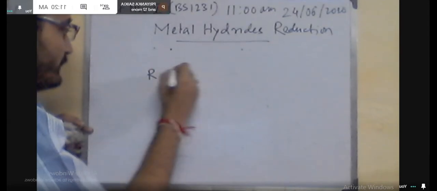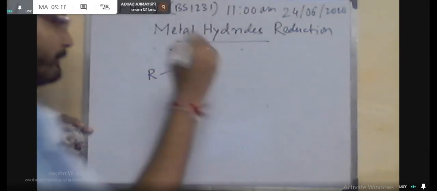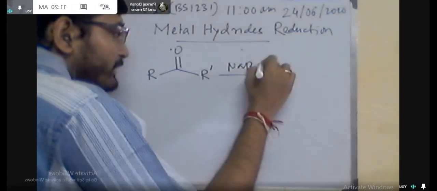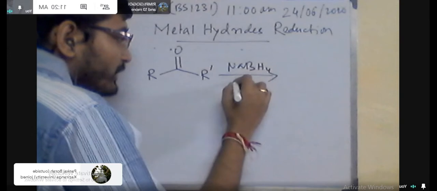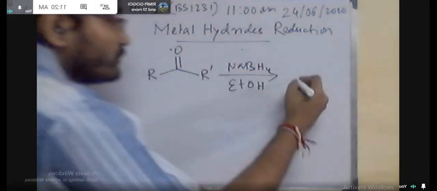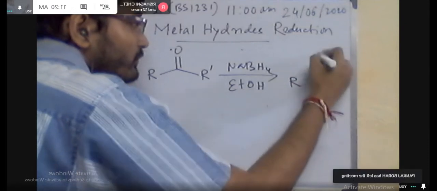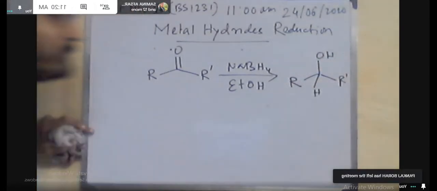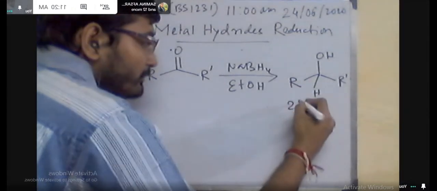From ketone you will get the 2-degree alcohol. The reverse path is the oxidation, by applying an oxidizing agent, say like PCC or PDC, or chromic acid oxidation, H2CrO4 in presence of acetone, it can be converted back to the ketone. So the forward pathway here is the reduction.